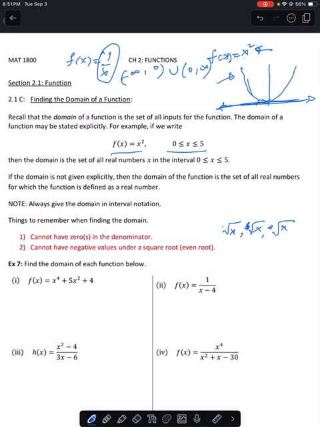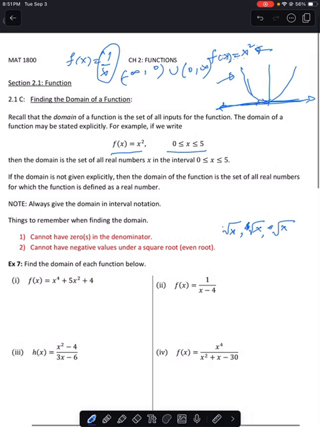One is the polynomial function, another one could be the rational function, and the third type is the radical function. And then there can be combinations of those.